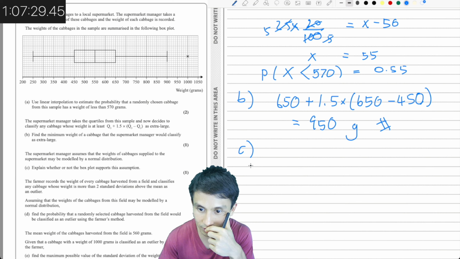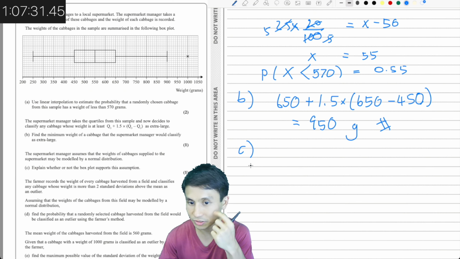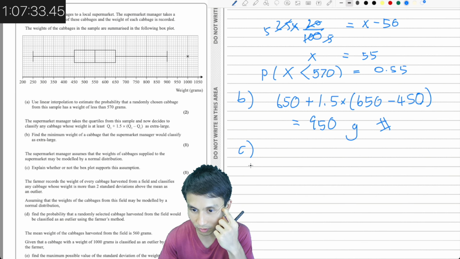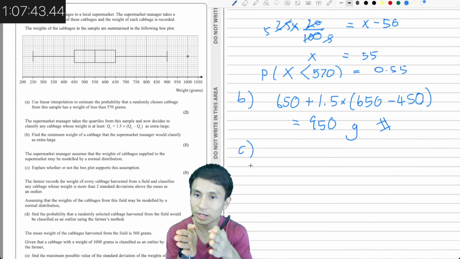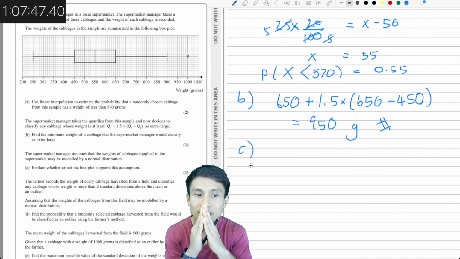The supermarket manager assumes that the weights of the cabbages supplied to the supermarket may be modeled as a normal distribution. Explain whether or not the box plot supports this assumption. So the assumption is when it's symmetrical, and we have no idea about the mean and the standard deviation, so we're not going to comment on that.